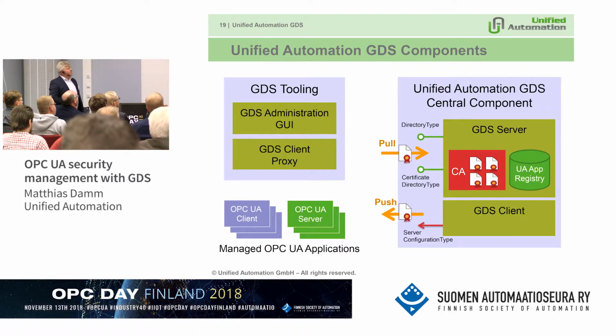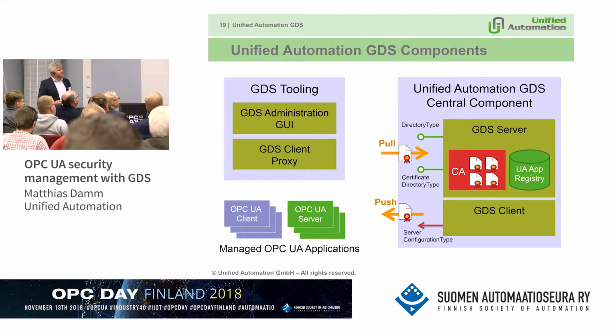One of the components of the central GDS is a directory and a certificate management component. They implement the standard interfaces defined by OPC UA, so this is for the pull model.